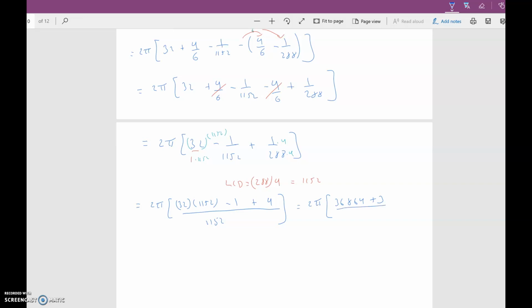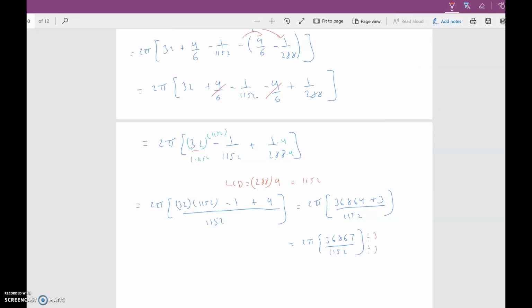So we have all of this under 1152. So this will be 2 pi times 36867 over 1152, and I was just checking to see if this divides.